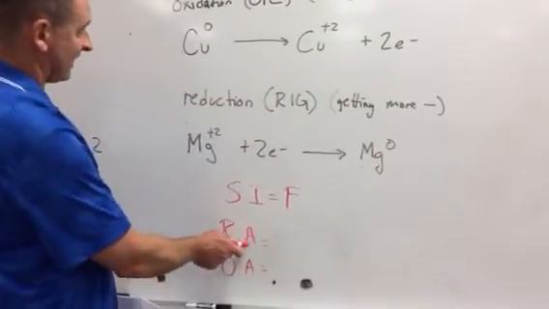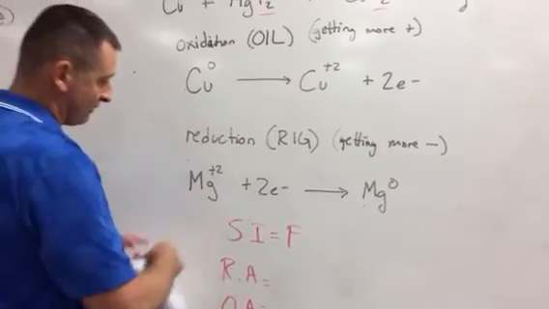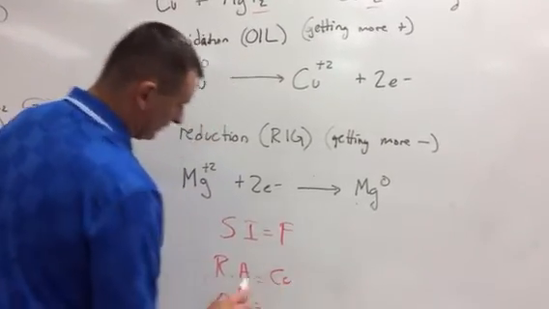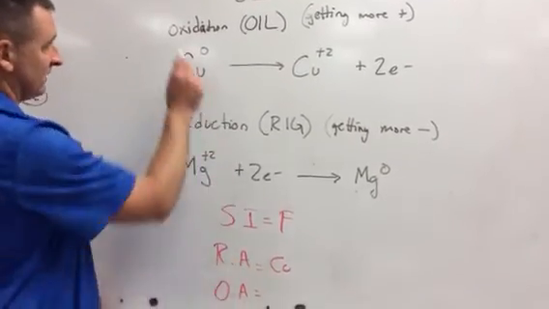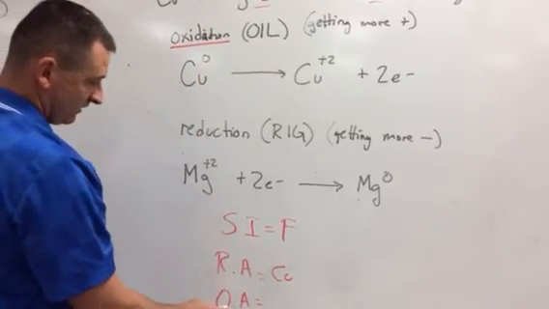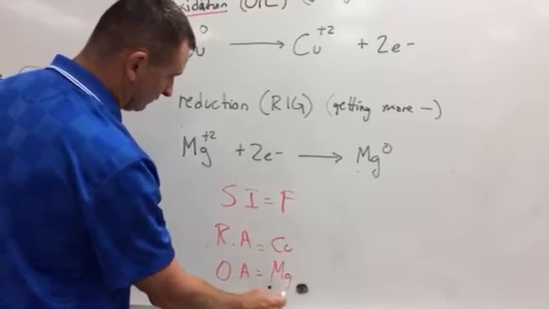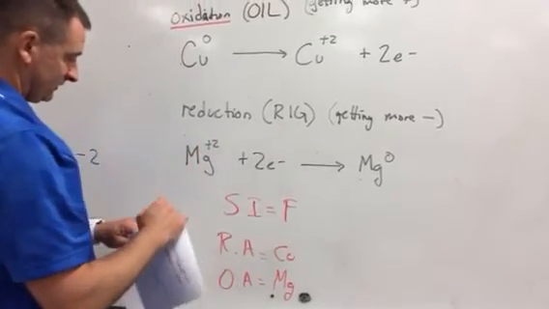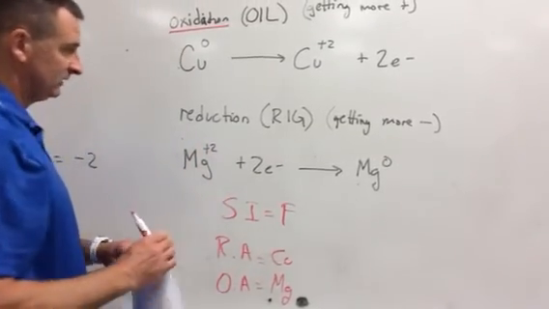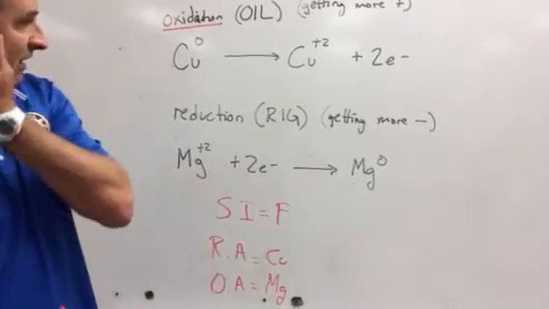Which one got oxidized? The oxidized was copper, right? So the copper is the reducing agent because it got oxidized. The oxidizing agent is magnesium because it got reduced. All right? So I know it's kind of an opposites thing, but just think of it that way. It's a double agent. That's why it's the opposite thing.